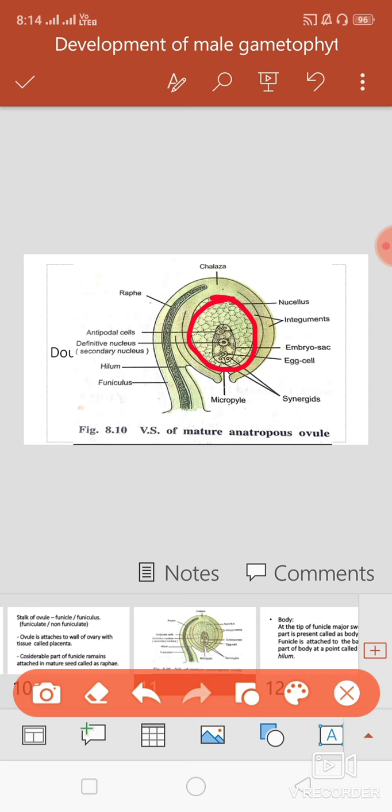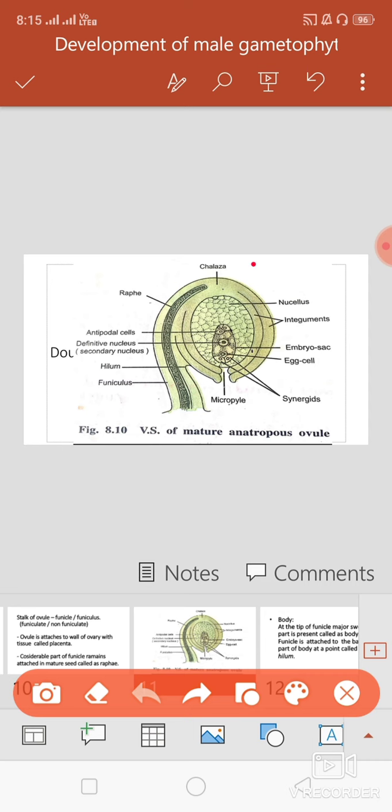So what is the function of this nucellus? In nucellus, megasporogenesis and development of female gametophyte take place. What is megasporogenesis? Formation of the megaspores is called megasporogenesis. And second, development of female gametophyte also takes place in nucellus.